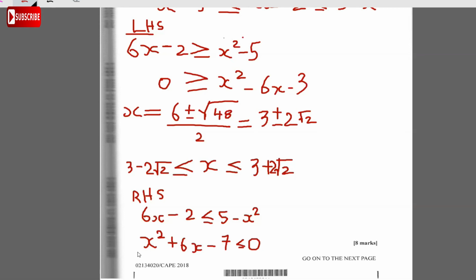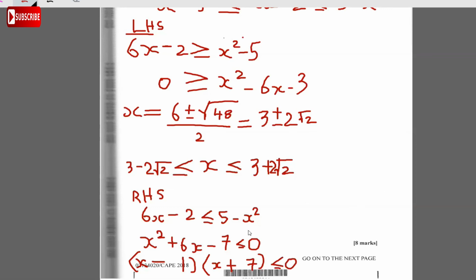So what I would be getting is, if I were to factorize this one, it can be factorized. It would be x, 7, and 1. Signs are different, the greater product positive, so this is plus, and this is minus, and this is less than or equal to 0.